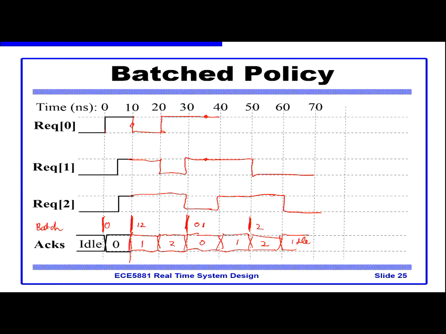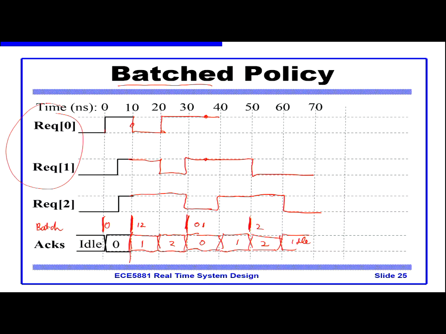But as I said earlier, if you have a larger number of requests, then you find that the problem with batched arbitration policy is the top 2 requests will share the resource equally, and then the others have to fill in the gaps, if you like.